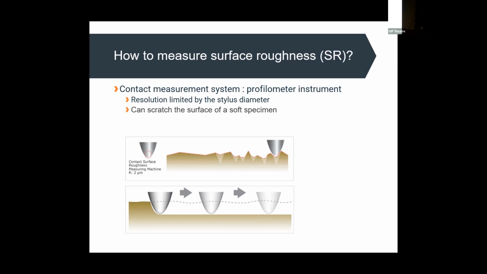With a contact measurement system, because of the hardness of the stylus, sometimes you can scratch the surface. And you also have some limitation on the resolution, which is dependent on the diameter of the stylus head.